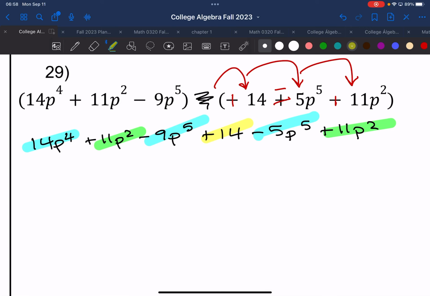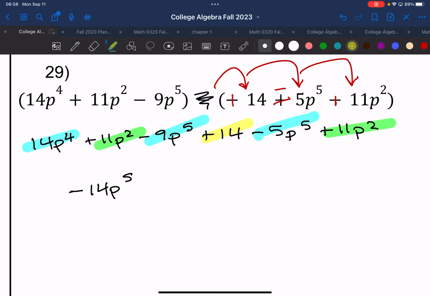Good, that p to the fifth, because when we are writing expressions, we always want the highest exponent all the way to the lowest exponent. So we're going to start with that p to the fifth. If we combine them, what do we get? Negative 14p to the fifth. Good, negative 14p to the fifth.